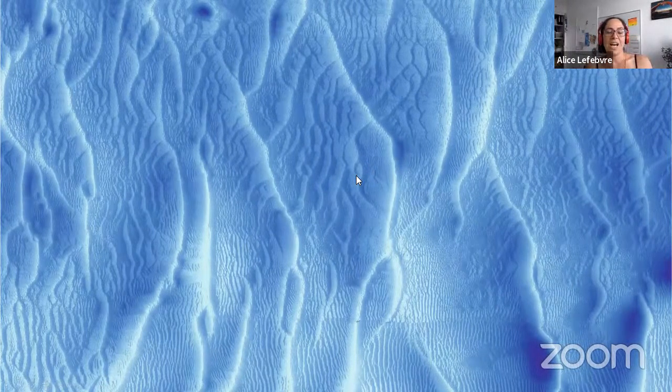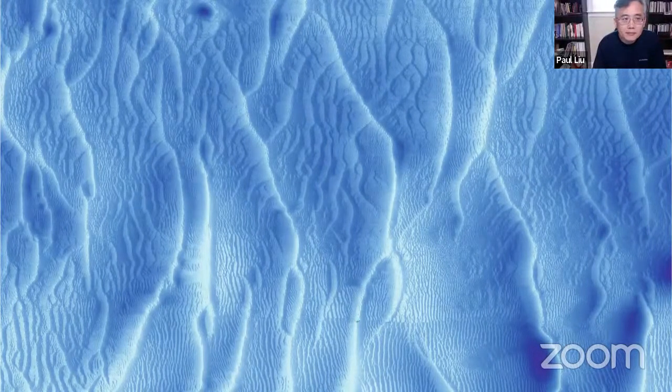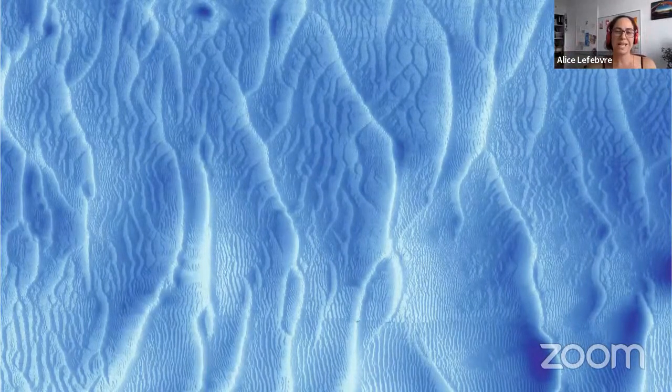This is still a 0.5 meter resolution, which is not high enough to really get the ripples, I think. If we were able to observe them, we might see even more scales of bedforms.